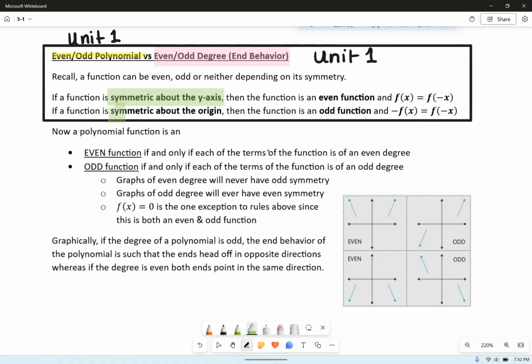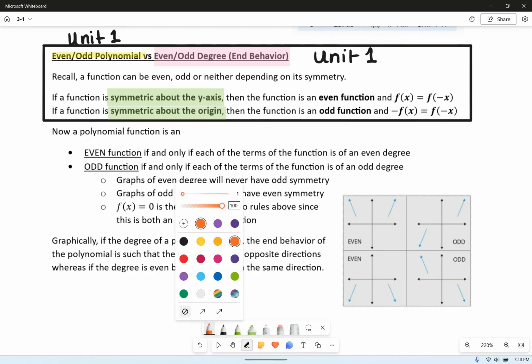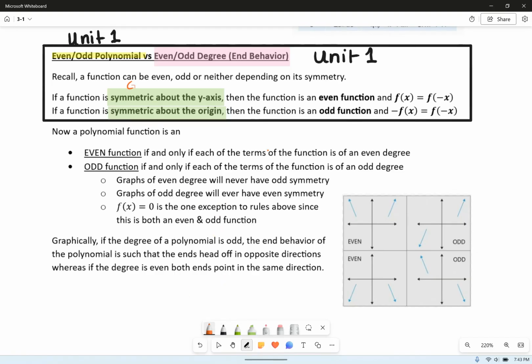And if it was symmetric about the origin, there was kind of a rotation around the origin, we talked about it being odd. So this over here on the left is the graphical analysis that we used in Unit 1. So when we were given a graph, we were able to just look at it and determine even or odd.